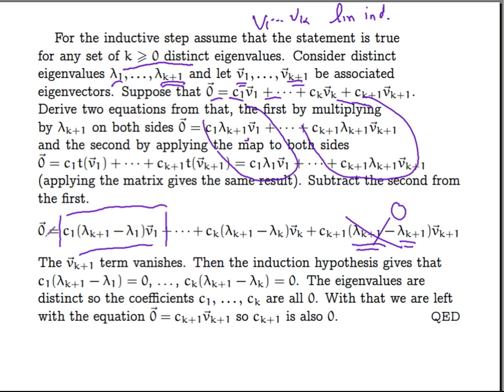The only way that these can be linearly independent is if all of these coefficients are 0. So this must be 0, and this must be 0. If we focus on this one in particular, how could this coefficient be 0? Well, we know that this part is not 0, so that means that c1 must be 0.